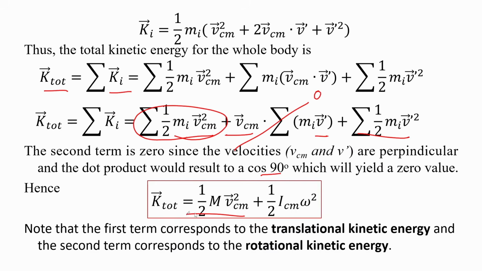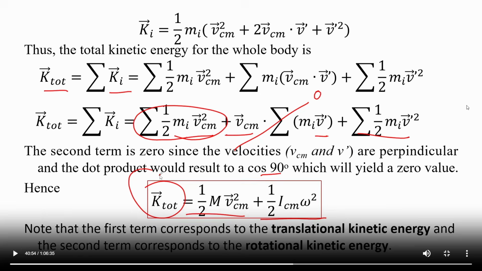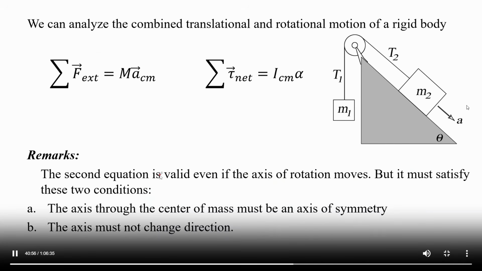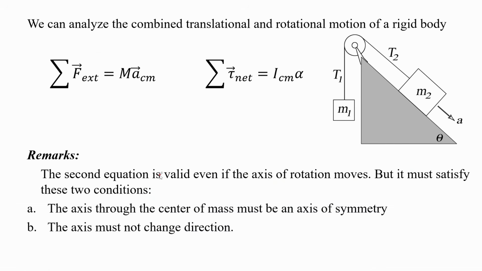So you have the translational and the rotational components of the total kinetic energy of a body when it is moving translationally along a straight path, plus its rotational kinetic energy. Okay, nice, right? So we can analyze the combined translational and rotational motion of a rigid body.